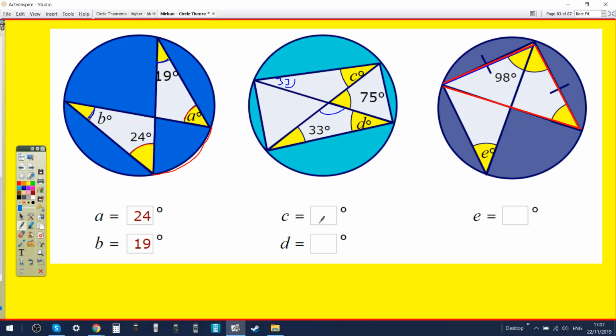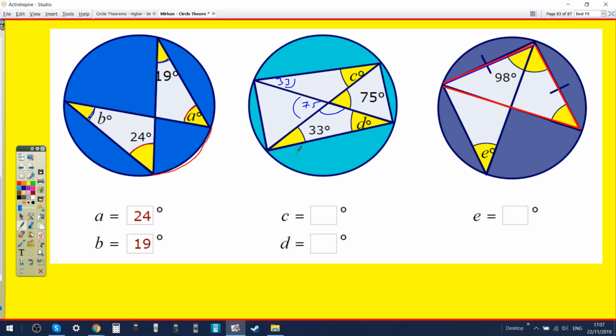Can we work out that the angle in front of 75 is 75 also? Yeah. And that's a circle, it's 360, so 75 plus 75, and 360 minus that.